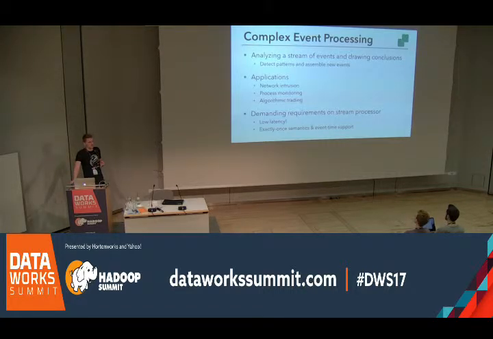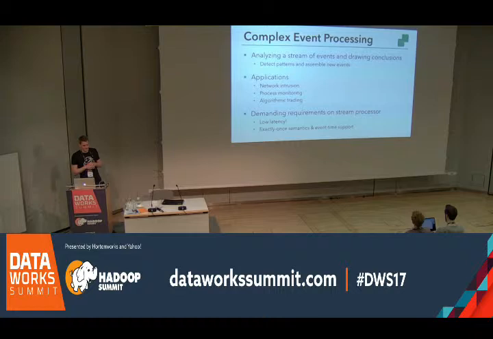A different form of stream processing is complex event processing, which has the basic idea that you are analyzing a stream of input events and trying to find patterns in it. Based on these matched events, which fulfill the pattern, you derive new events, which are usually called complex events because they are derived from the input events.